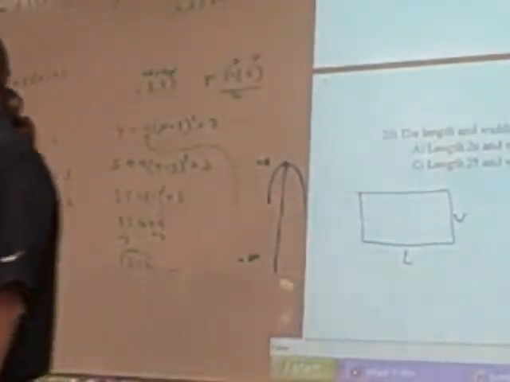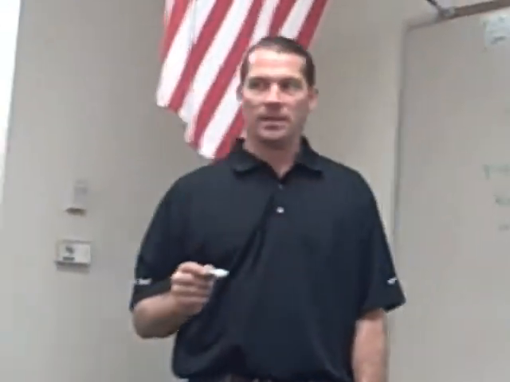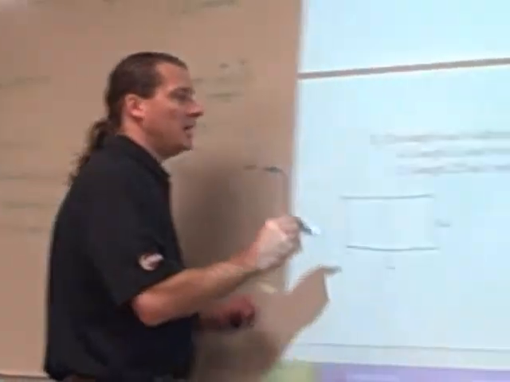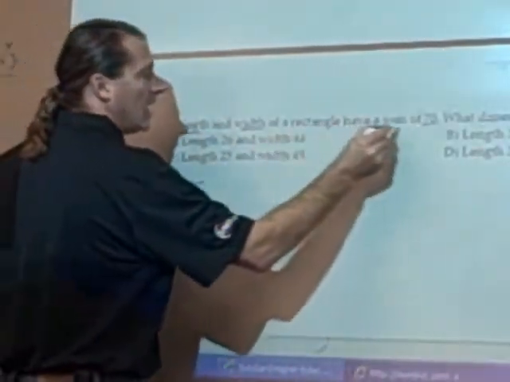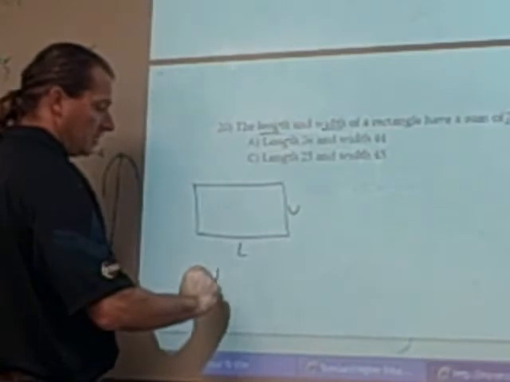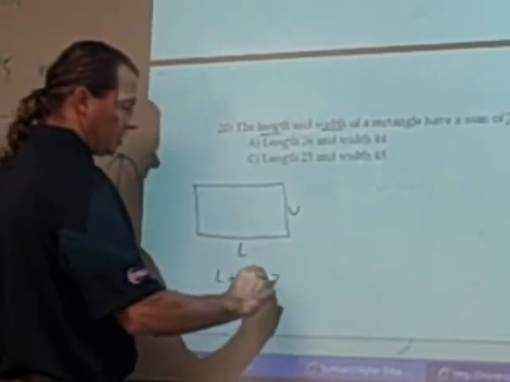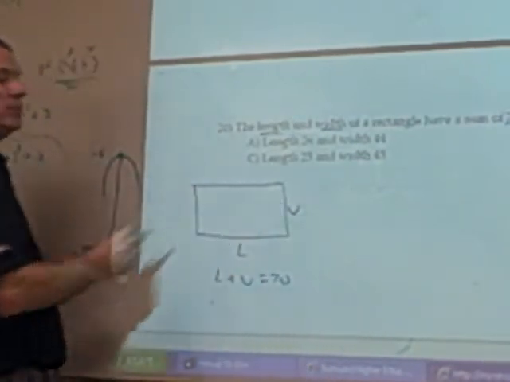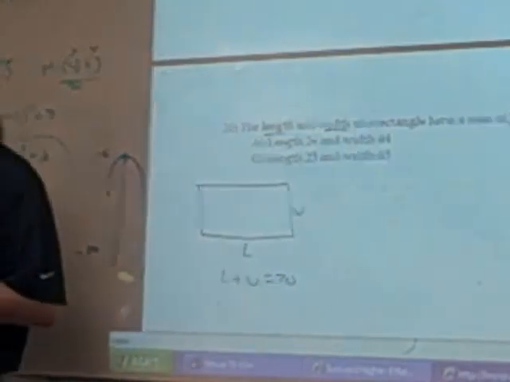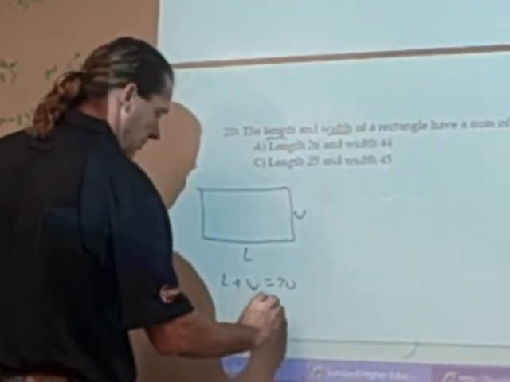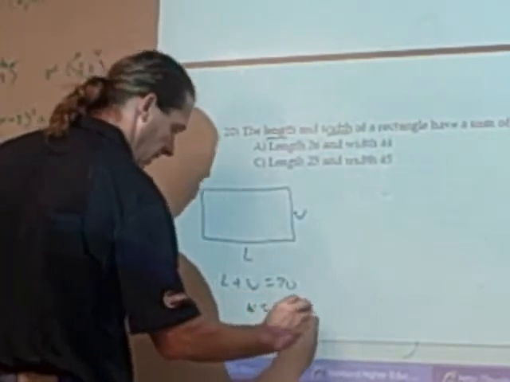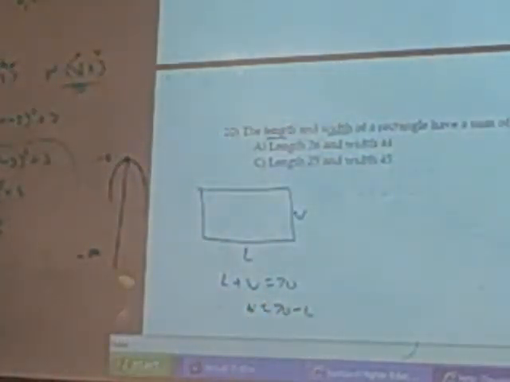Always being in a hurry is bad because you make silly mistakes. I thought it said that the perimeter was 70. So it'd be helpful to actually read the problem, and it says the length and the width have a sum of 70. That means simply the length plus the width equals 70, not 2 lengths and 2 widths equal to 70, right? Which means that W is equal to 70 minus L when you solve for that W.